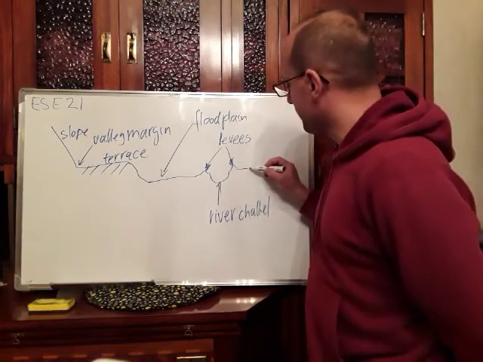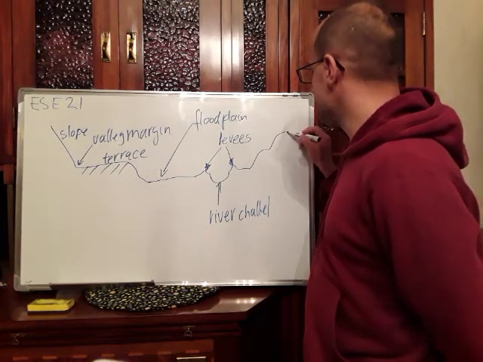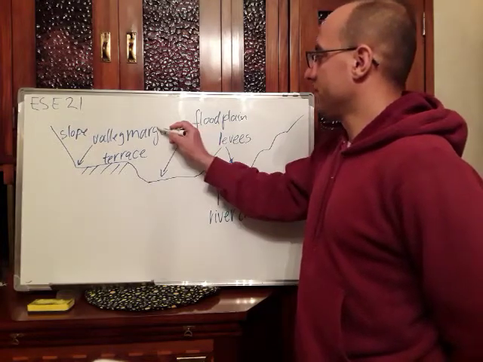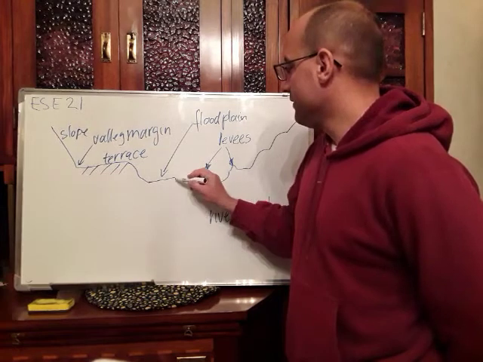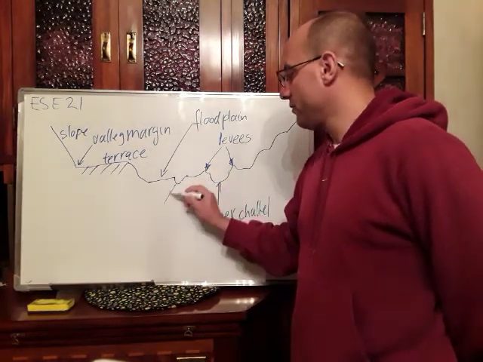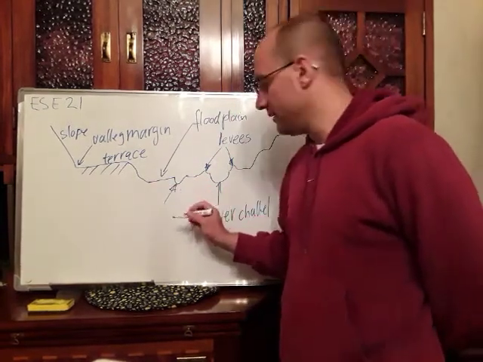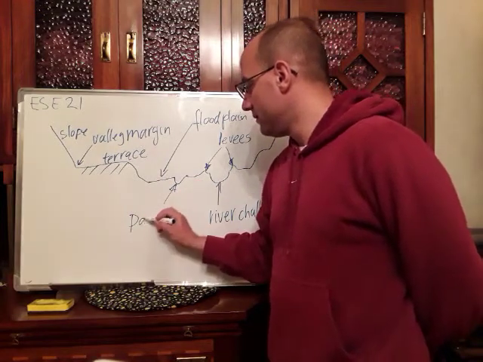And what else we're talking about, here we can have another terrace or even more terraces, and another valley margin, and another slope. But what else we were talking about is that in certain cases, we'd find these paleo channels. If we just look at this kind of profile or this section, we'll see this one as a paleo channel.